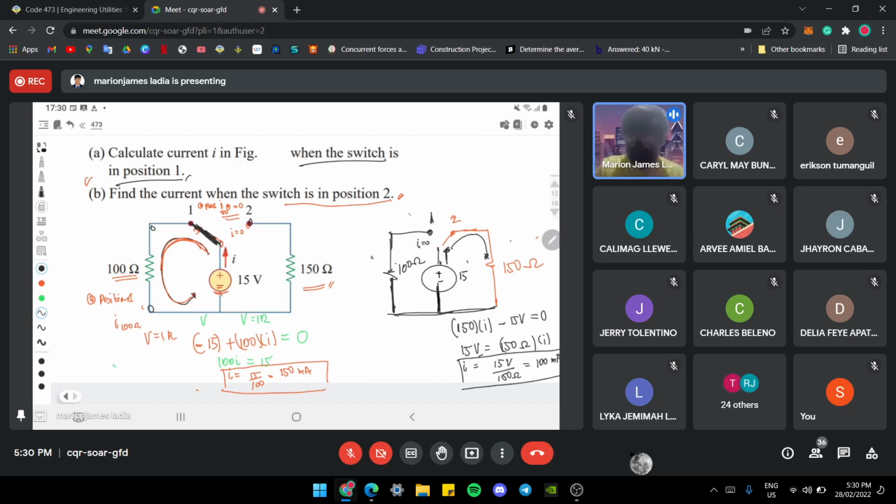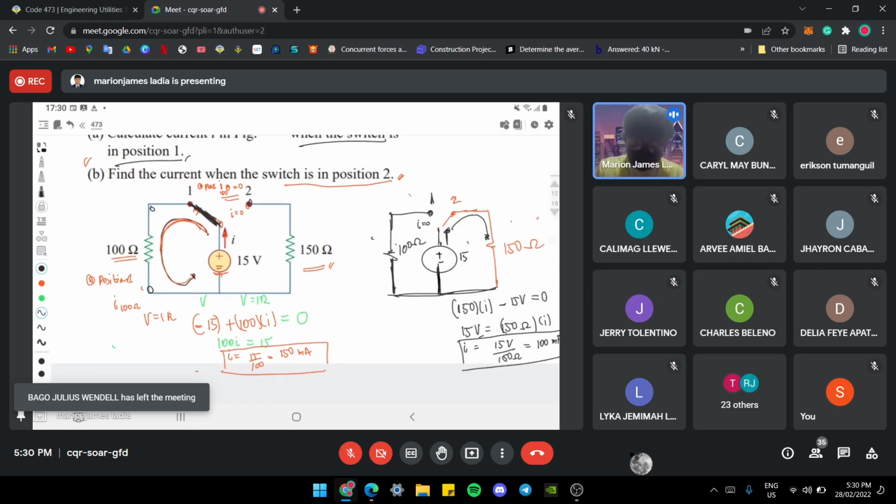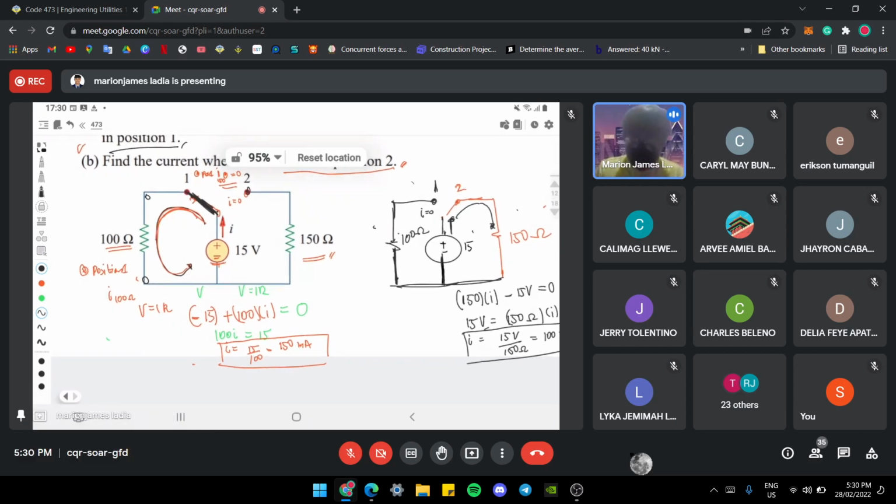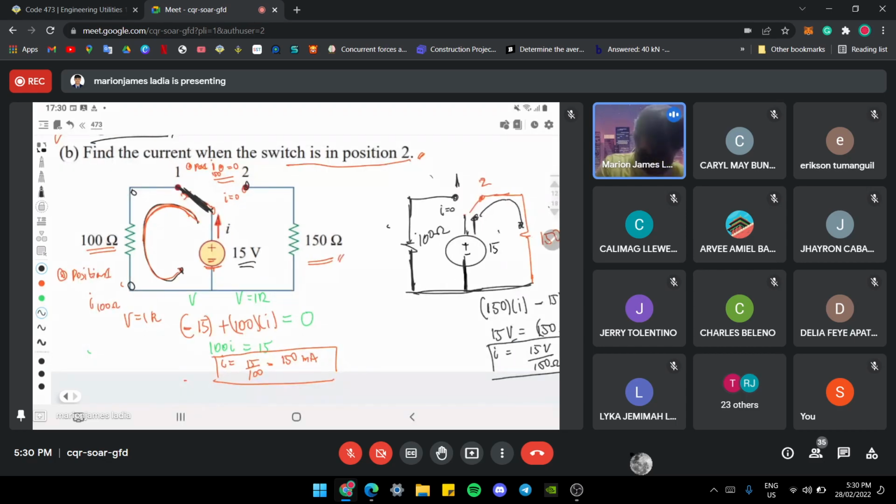Okay? Or in more deeper concept is that gumamit tayo ng tinatawag nating KVL, Kirchhoff's voltage law, which is based on tinatawag nating conservation of energy. But in its lower concept, yung 15 volts natin, nakaparallel sa 100 ohm natin, so therefore V is equal to IR na lang ako, which is equal to 15 equals 100 multiplied by my I, which is parehas lang siya dito.